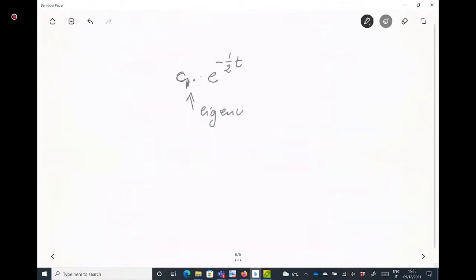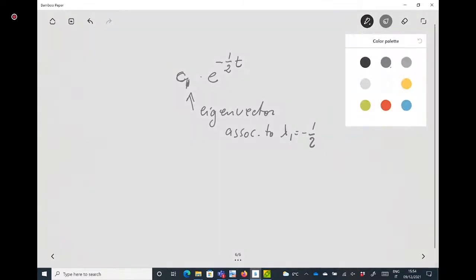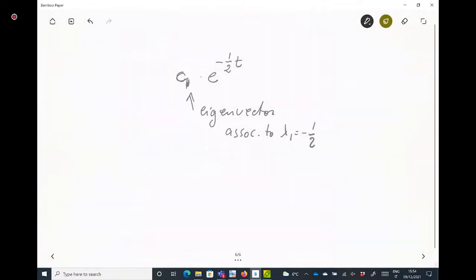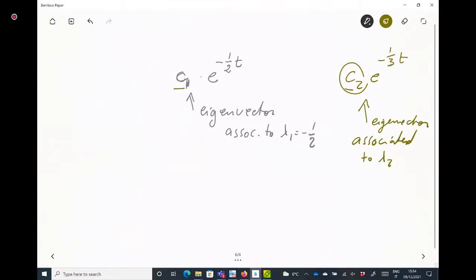But there will be infinitely many such eigenvectors. But we also know that C2, this is a vector, times exponential of minus 1/3 t will be a solution. And this is an eigenvector associated to lambda 2, which is equal to minus 1/3.